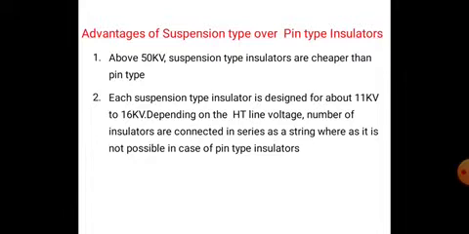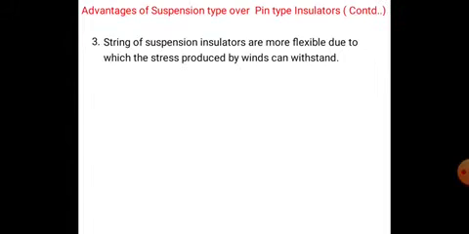A number of insulators are connected in series as a string, whereas this is not possible in the case of pin type insulators. As the voltage increases, we add one more disc to the suspension type insulator, but in pin type insulators we cannot add discs because it contains only one disc.